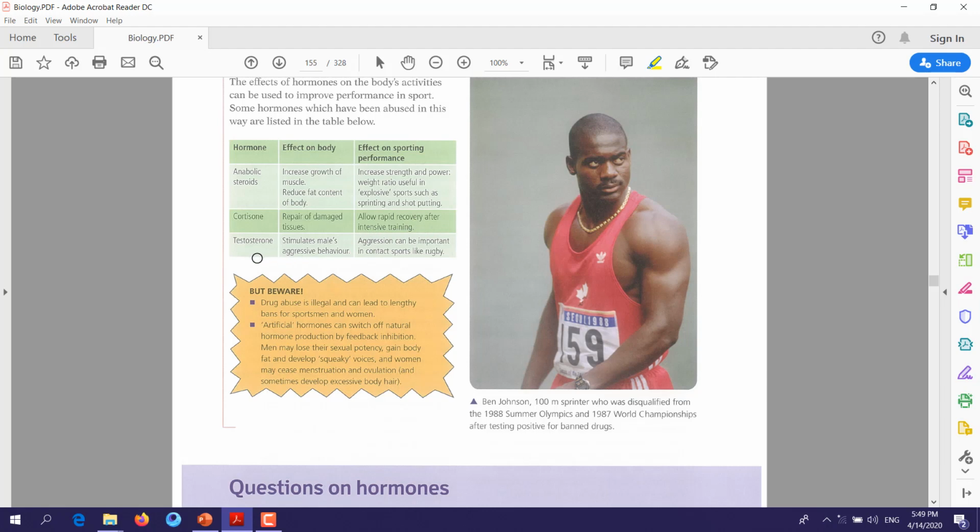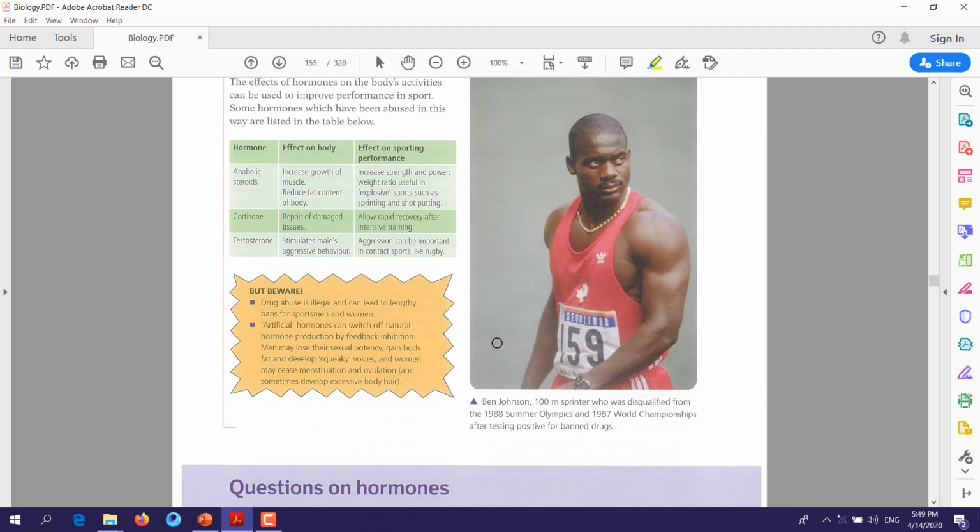Another example of a hormone, testosterone. Testosterone stimulates male aggressive behavior. Effects on sporting performance: aggression can be important in contact sports like rugby.